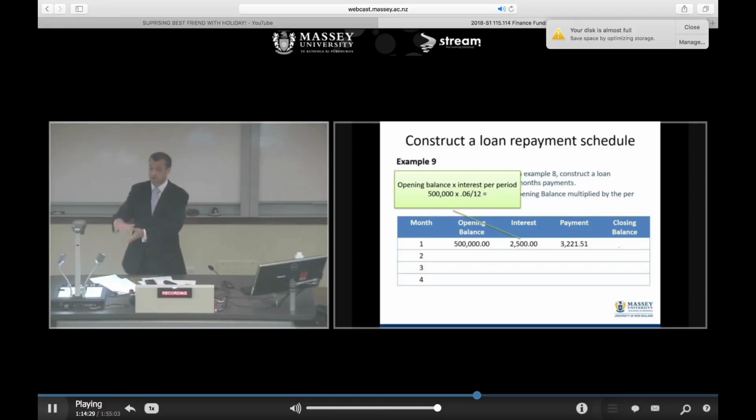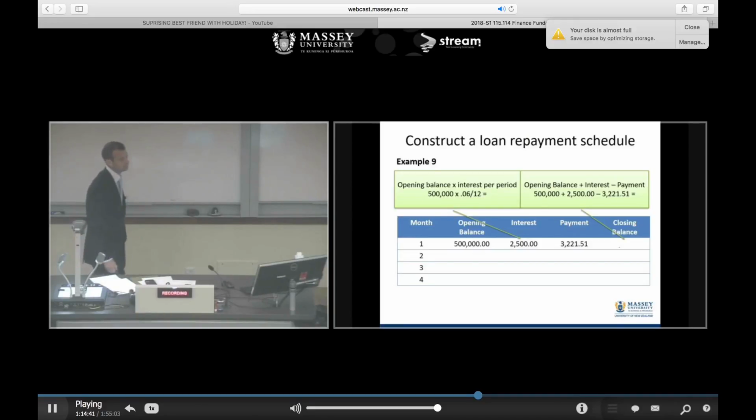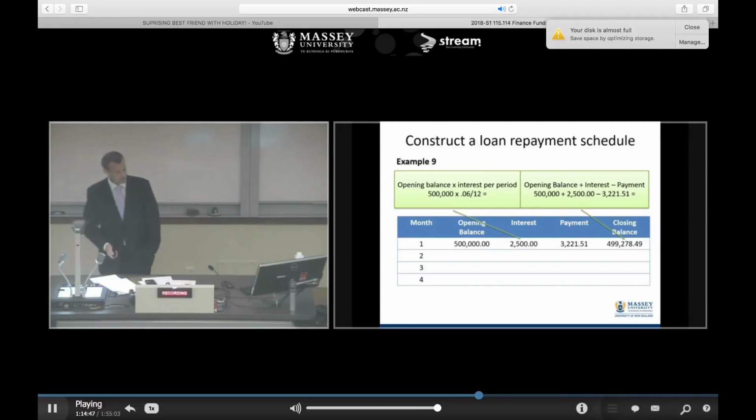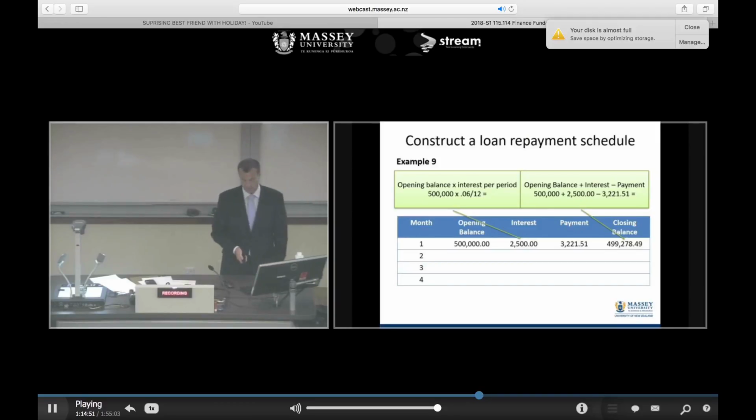Phew, finally we're actually reducing this loan. So it'll be $500,000 plus $2,500 less the payment, which will give us $499,278.49. So we've just paid off about $750 odd off our loan in the first month.